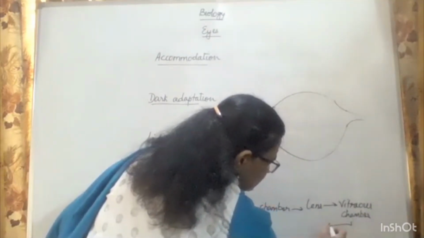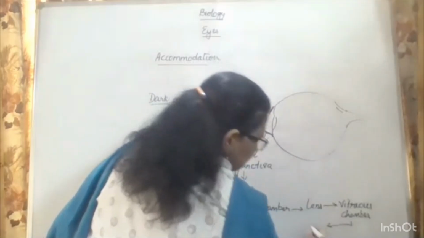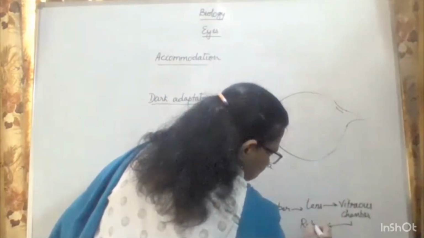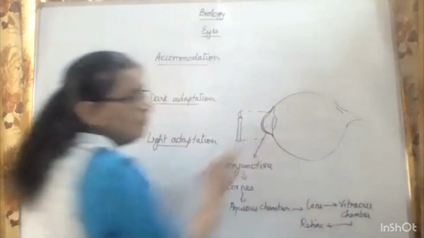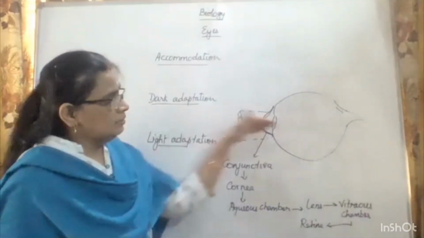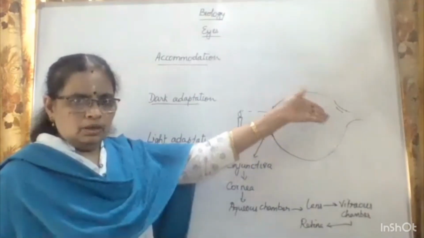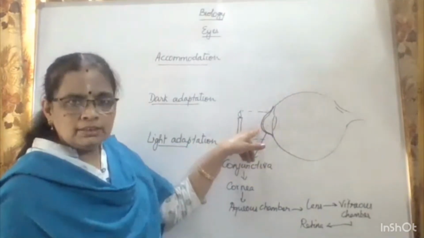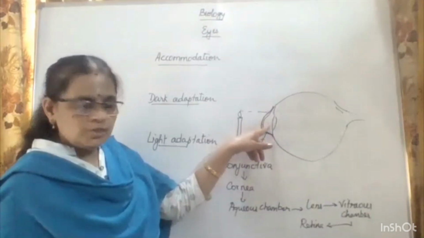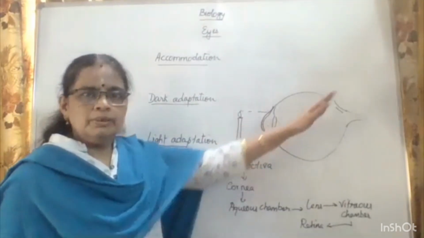And after the vitreous is the retina. So this is the passage of the light that is reaching the retina. First, conjunctiva, cornea, aqueous chamber, lens, vitreous chamber, retina.